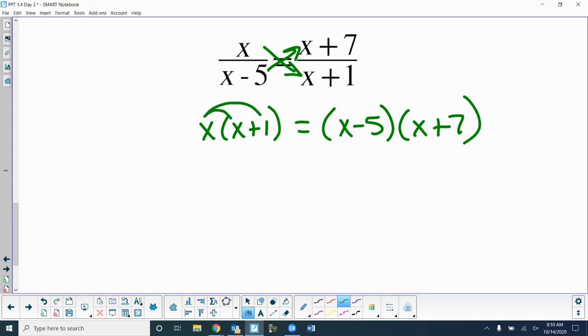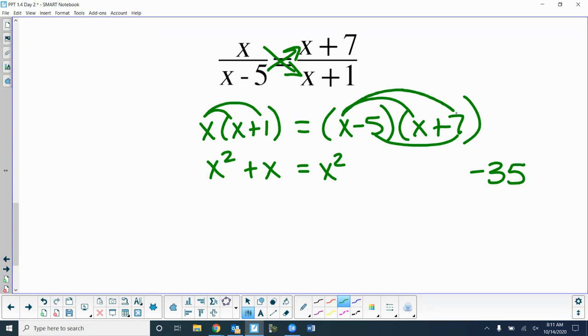Renita, what's this equal? Good. Z, what's this one equal? What's this equal when I multiply? X squared minus 35, right. That's those. But what else do I have to multiply?